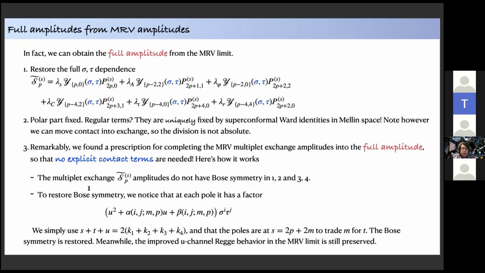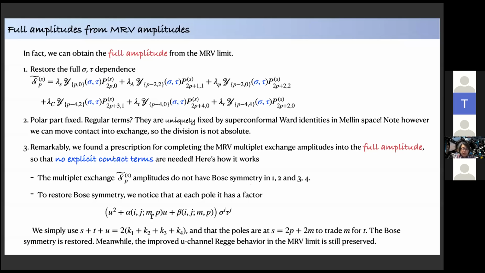So to restore that, we notice that actually at each pole, there is a quadratic factor in U, and these coefficients depend on i, j, which are the exponents of sigma and tau, and m is an integer that labels the location of the pole, and p labels the multiplet.